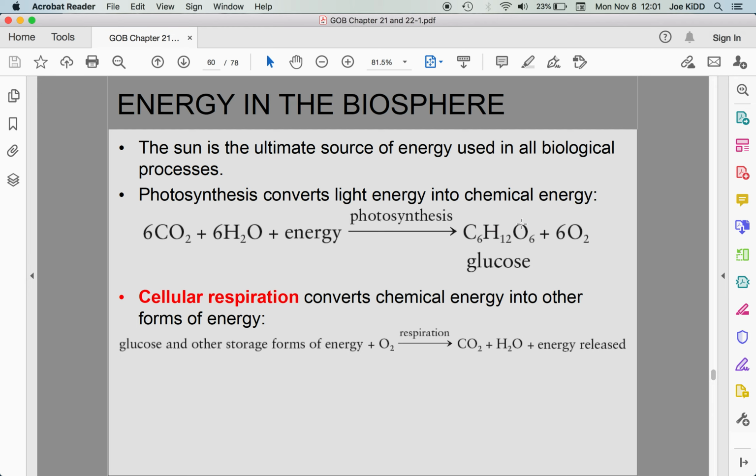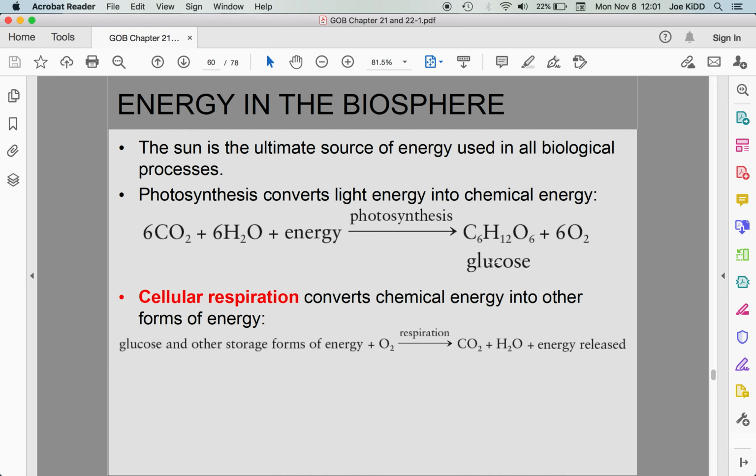Plants typically produce glucose as well as oxygen. They absorb CO2, water, and energy from the sun, photosynthesis occurs, and we produce glucose and oxygen. In a person or animal, cellular respiration uses glucose and other forms of stored energy plus oxygen. Through the process of breathing, respiration produces CO2, water, and a release of energy.